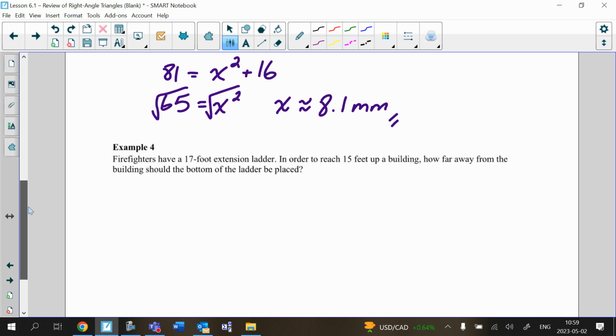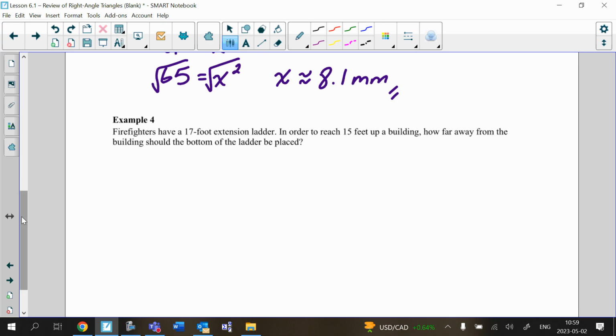Well, best thing to do in a situation like this, draw a diagram of it. So here we have our building. Here we have our ground. We assume that they're going to meet at a 90-degree angle, that there's no slope to the ground. And then we're leaning the ladder up.